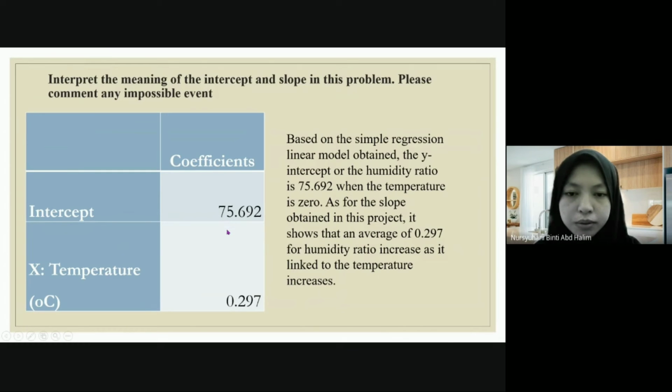The slope shows that on average 0.297 humidity ratio increases as the temperature increases. We can see in the table beside, from the Excel software.